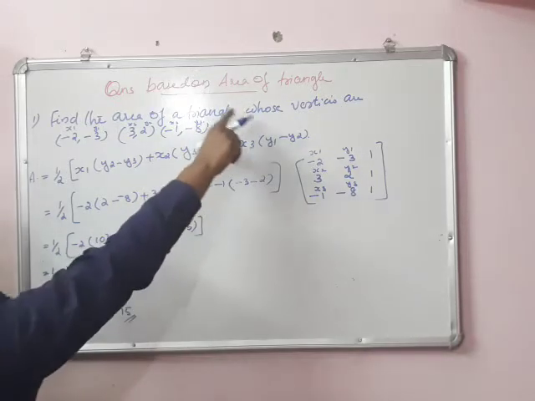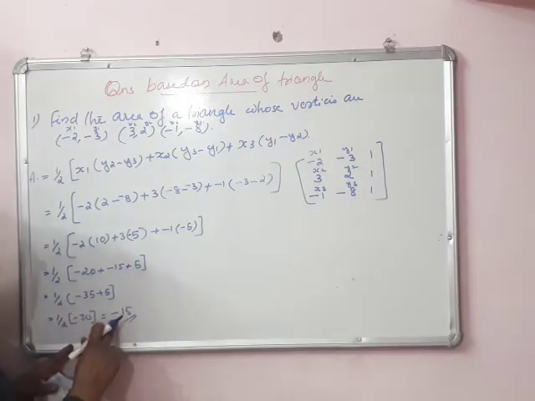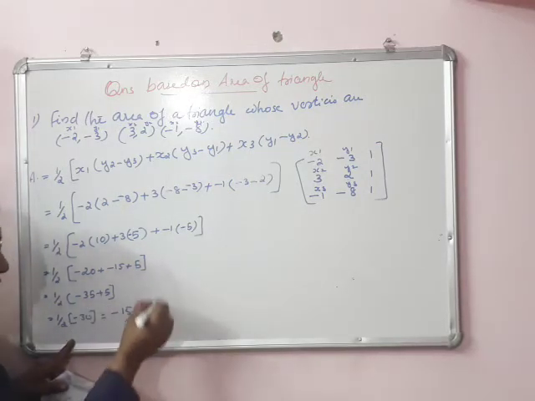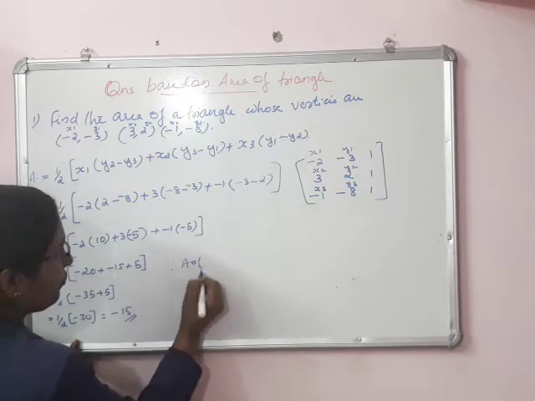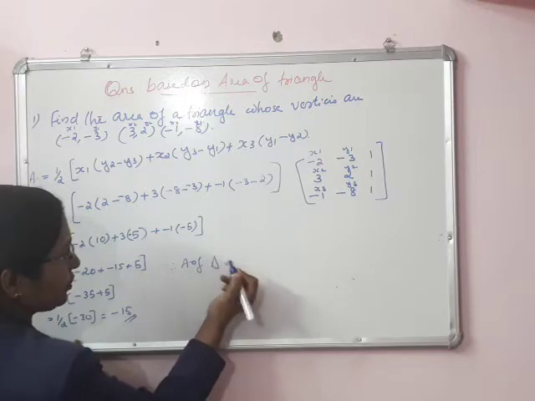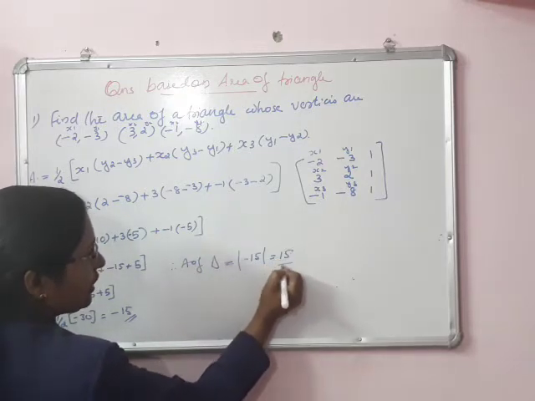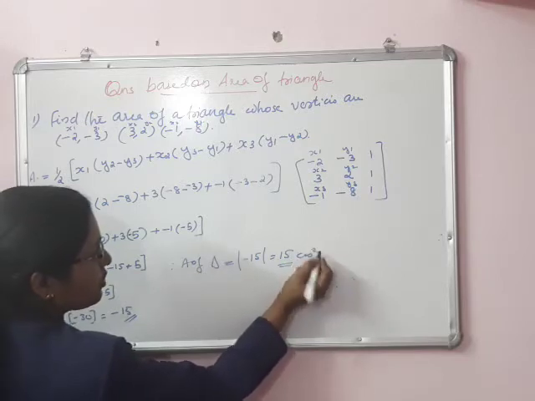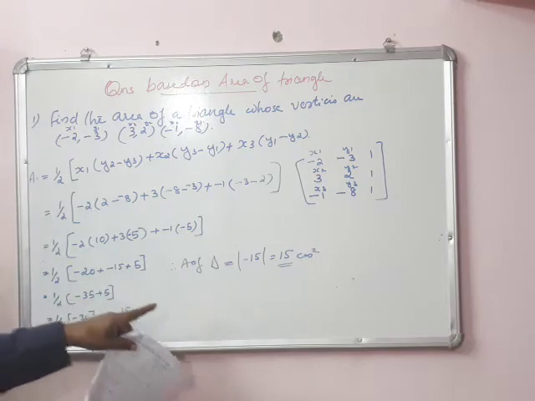Here we are going to find the area of a triangle, so it is never a negative value. So we will take the absolute value. Therefore, the area of the triangle is the absolute value of minus 15, that is 15 square centimeter. That is the area of this given triangle using determinants.